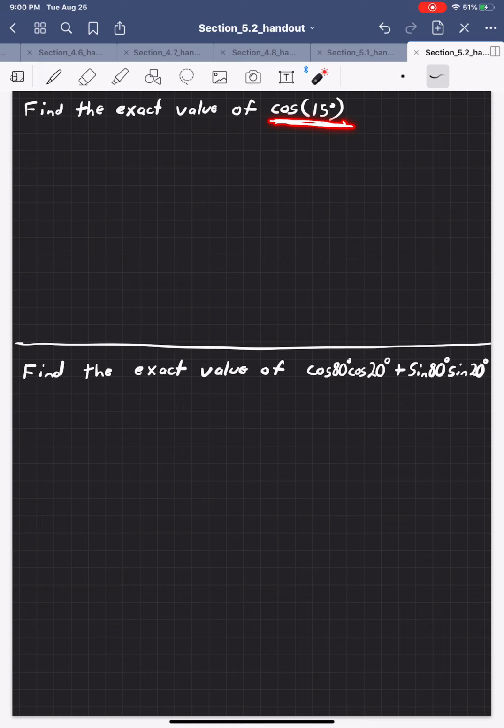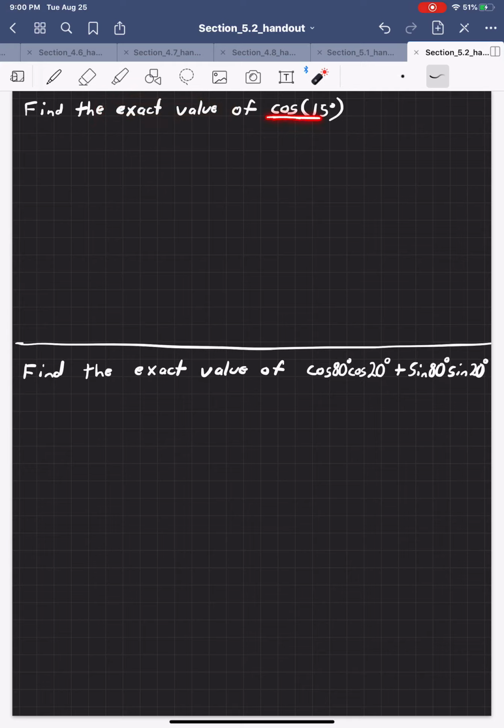If a student put cosine of 15 degrees in their calculator, pressed enter, and then wrote me some decimal, I would just mark it wrong, because I'm not interested in an approximation of cosine. I want the exact value of cosine of 15 degrees.